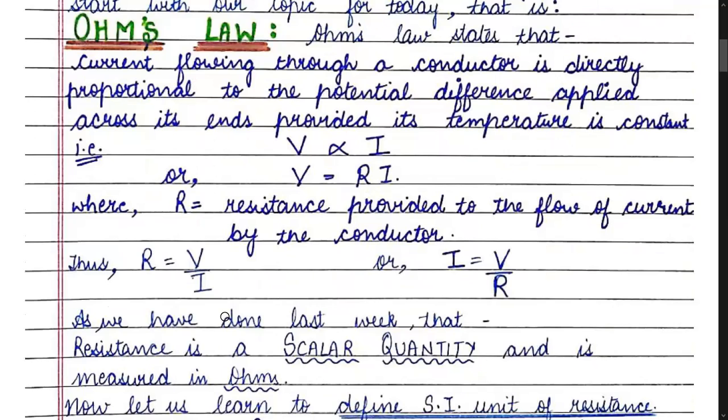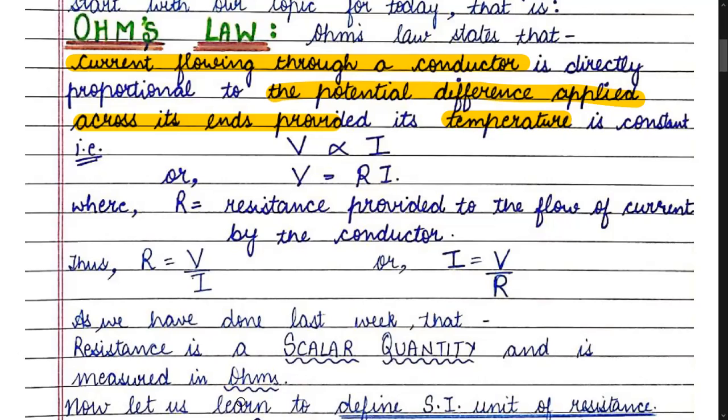Students, Ohm's Law states that current flowing through a conductor is directly proportional to the potential difference applied across its ends, provided the temperature of the conductor remains constant.